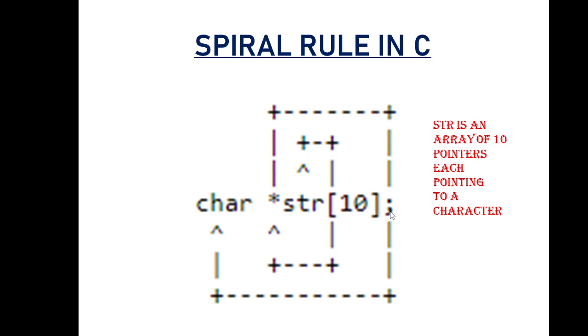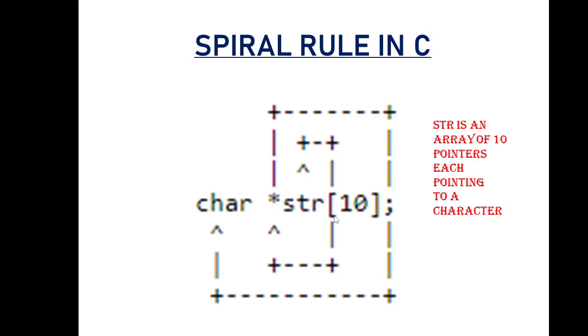Other words are known to the C language. Char is a keyword, star, semicolon, square bracket, number constants, everything is known to the C compiler. But str is not a keyword, it is a user defined word. So you have to start with this one and read in a clockwise rule, or you can say it's a spiral rule.